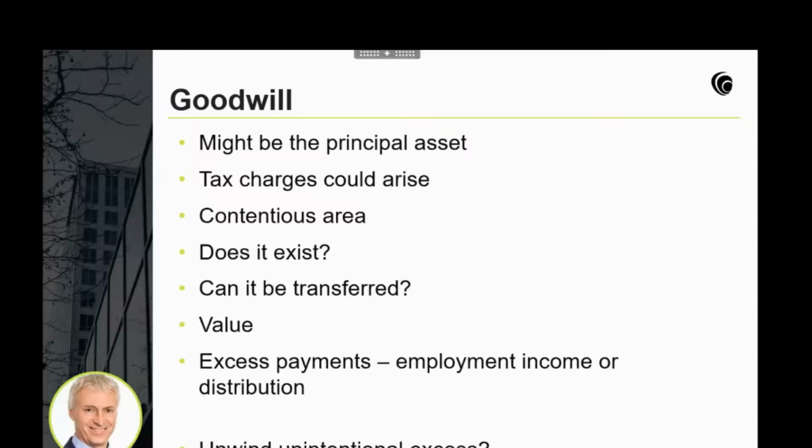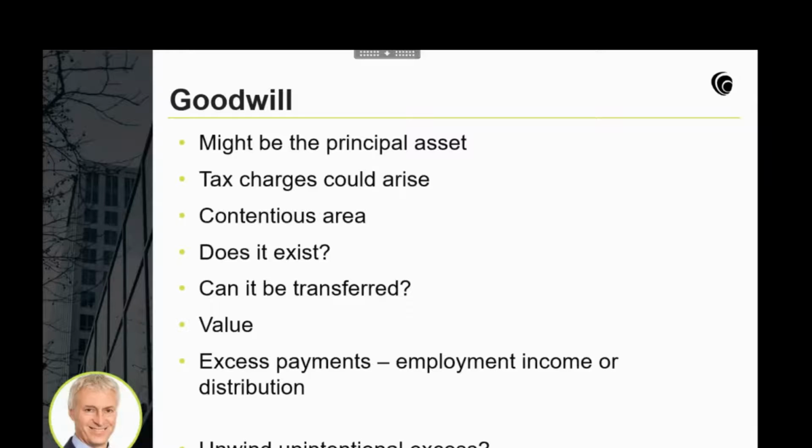Goodwill: when you've got a successful business, it's quite possible that there'll be a lot of value in the goodwill. Now, goodwill is an intangible asset. It's not a physical thing. It's not a machine. It's not a property. It's what the business is worth because of how profitably you made it.